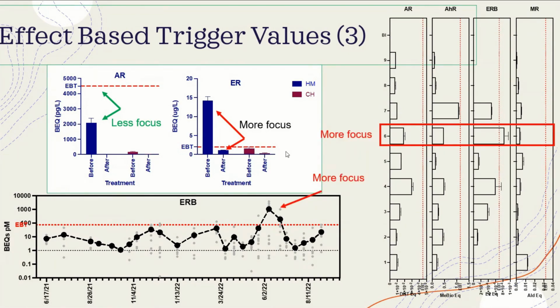We can use this in environmental samples as well. You might have different trigger values depending on what endpoint you're looking at. This is estrogen receptor beta, and I've used the EC10 value for this. And you can see here, if you're looking at a time point, so these are different times of collection, something happened at this particular time that led to an increase in estrogenic activity.